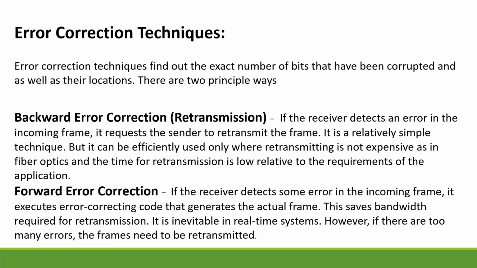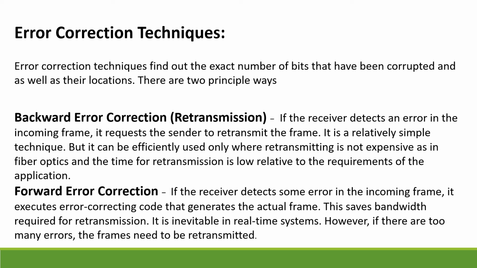It is a relatively simple technique, but it can be efficiently used only where transmitting is not expensive as in fiber optics and the time for transmission is low relative to the requirements of the application.